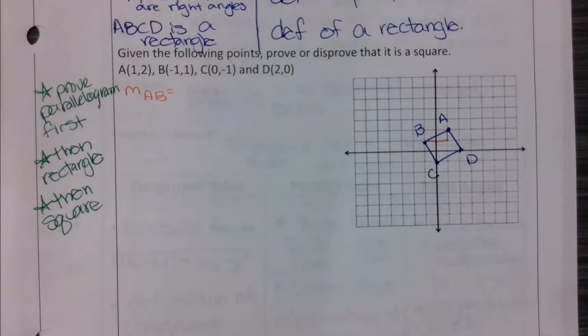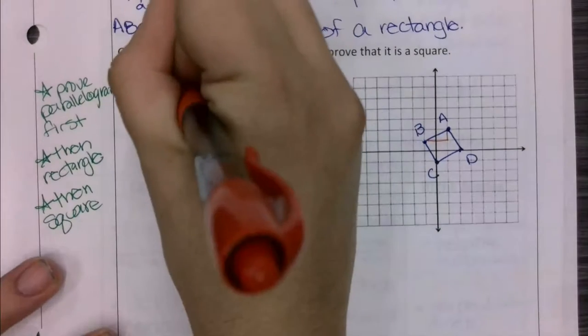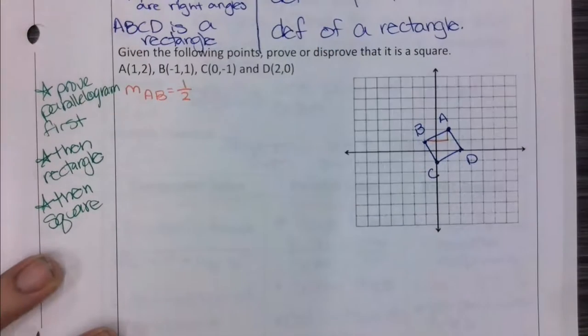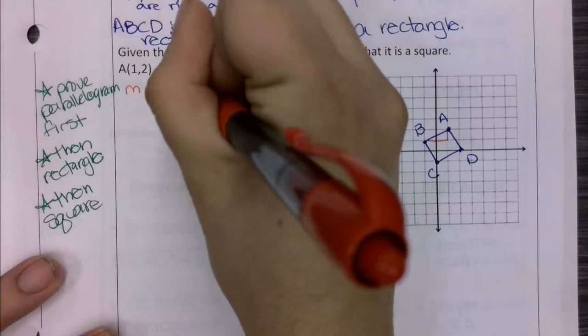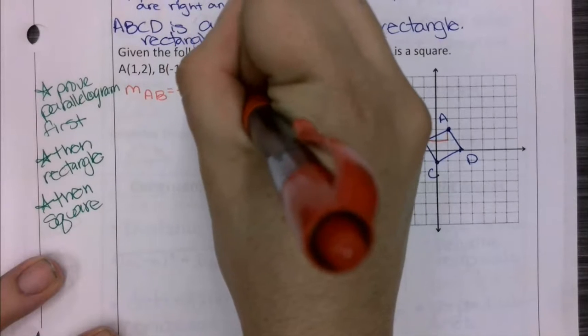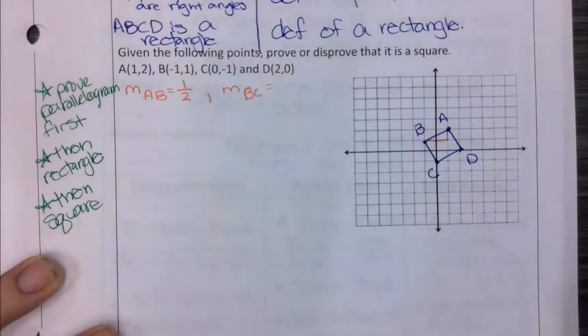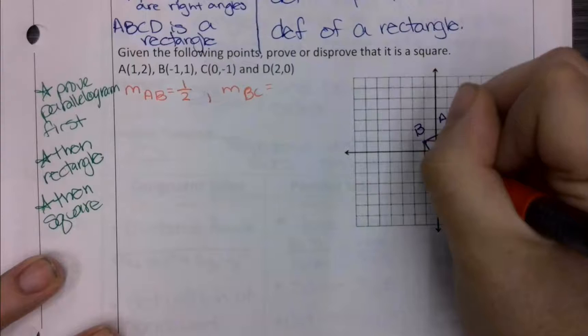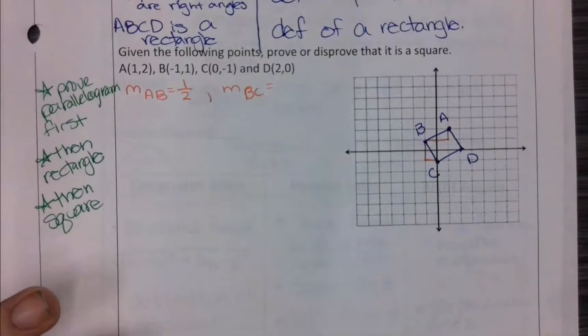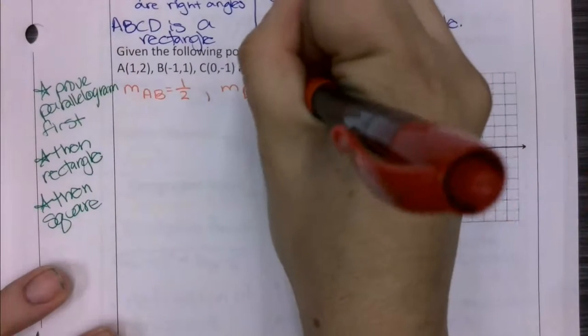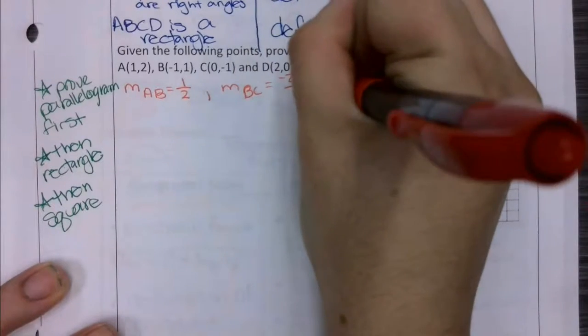So what's my slope for AB? Then I want to do my slope for BC. -2/1 because it's going down, which is just -2.